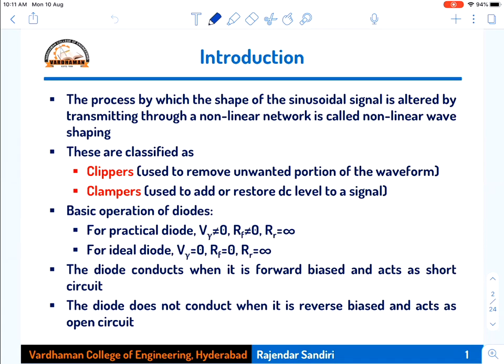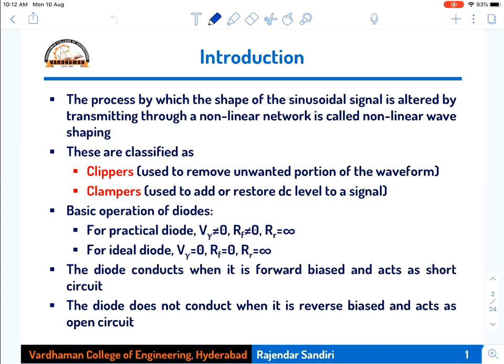If you want to add some DC to the sinusoidal signal, which is AC, then what happens? The sinusoidal signal shape will remain as it is, but there will be a shift in that signal, which will not start at the origin. Generally, a sinusoidal signal starts at the origin and swings in the positive direction as well as the negative direction. But if you add DC, it will not start at the origin.